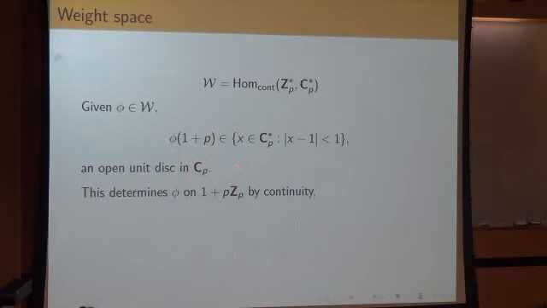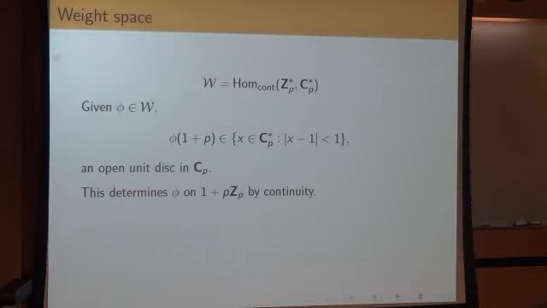Okay? And that determines phi on all of 1 plus pZ_p by continuity, because any element in 1 plus pZ_p can be written as 1 plus p to some p-adic power. And so the image of that element is just the image of 1 plus p to that p-adic power. So that determines phi.